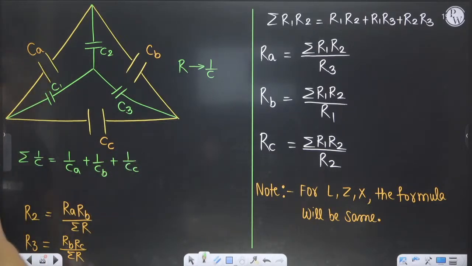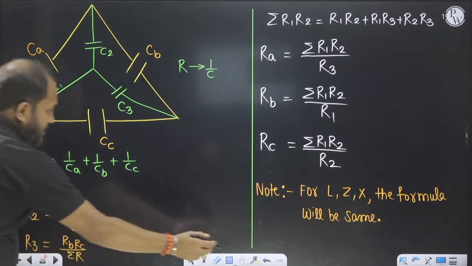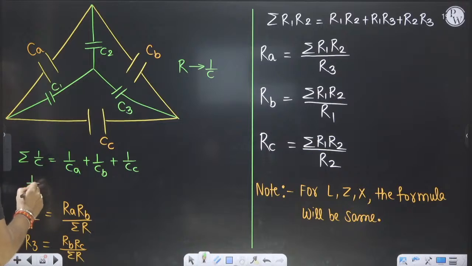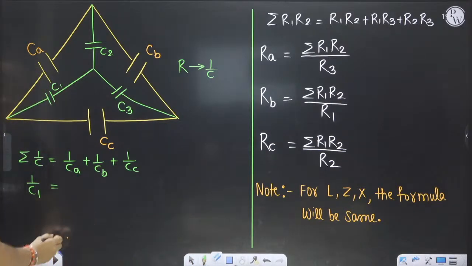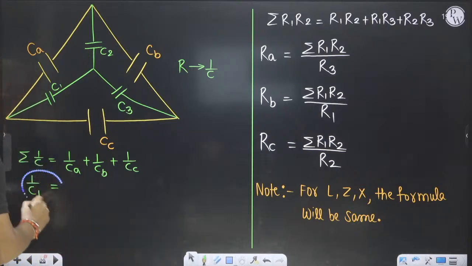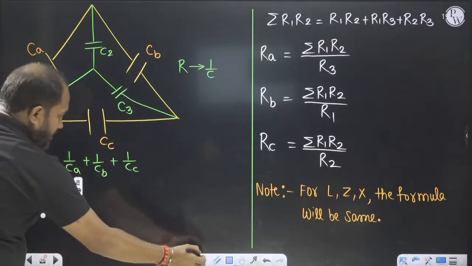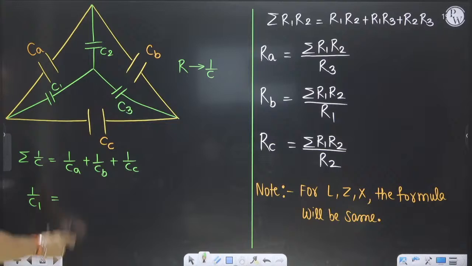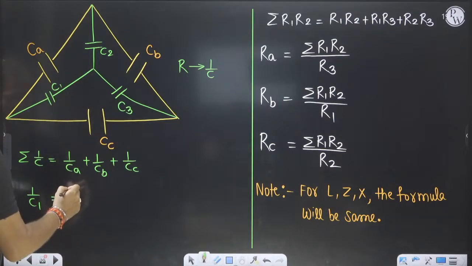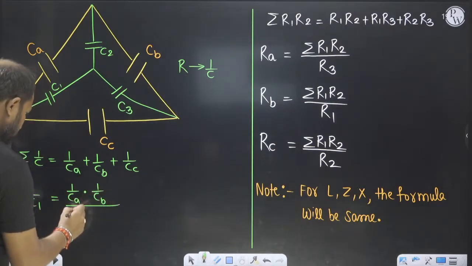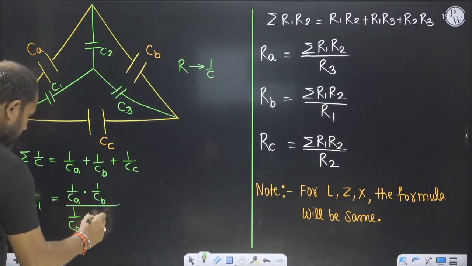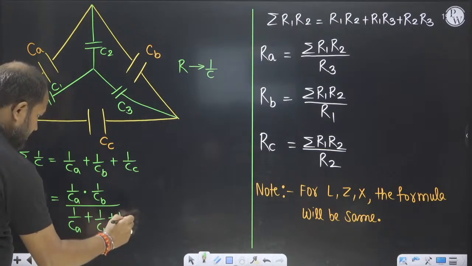Yes sir. And for C1, I will write 1 by C1, and in place of C1 what we will write? We will write the formula: 1 by Ca, 1 by Cb and 1 by Ca plus 1 by Cb plus 1 by Cc.